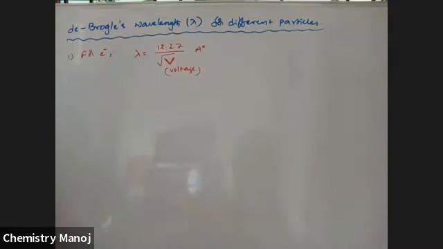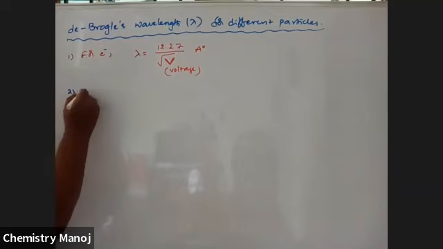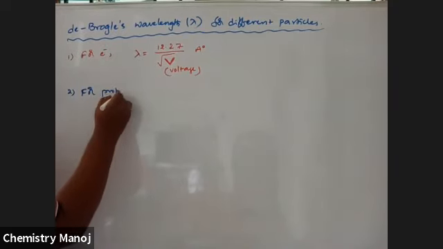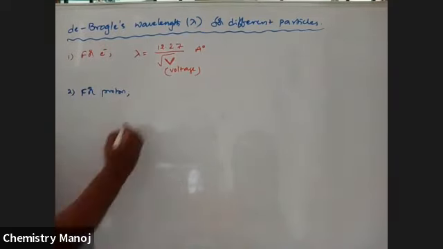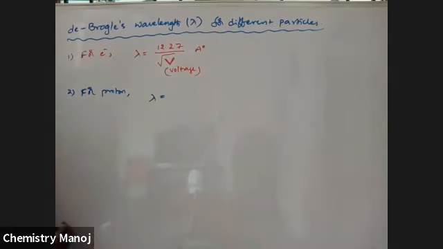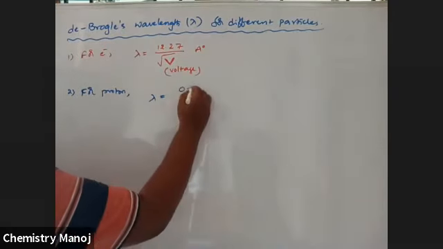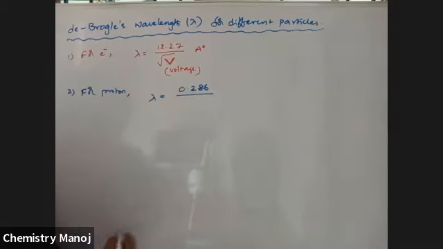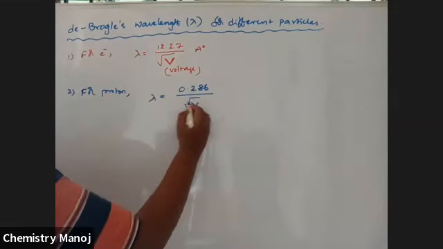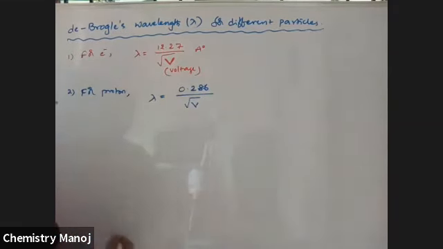Next, for proton, lambda is equal to, try to memorize these values, 0.286 by root V, and V is also voltage, in angstroms.